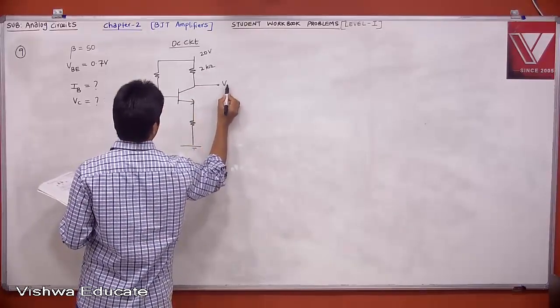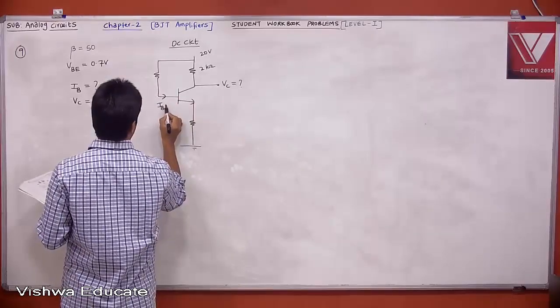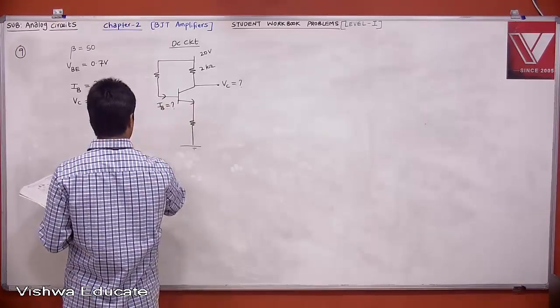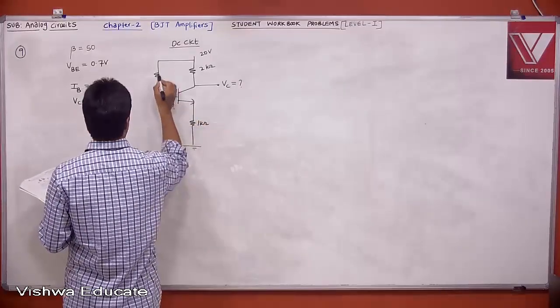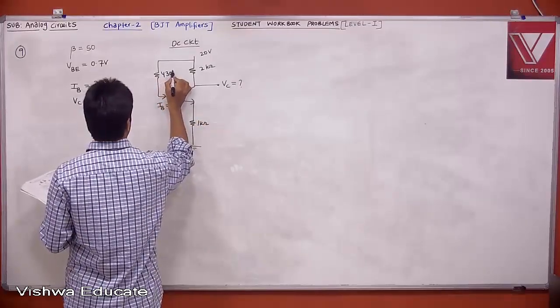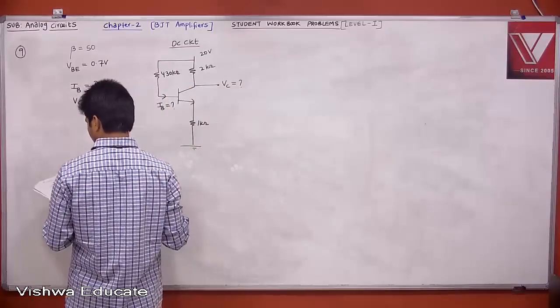This is what VC is. What is VC and IB? What is IB? That is the problem. Beta is given, right?